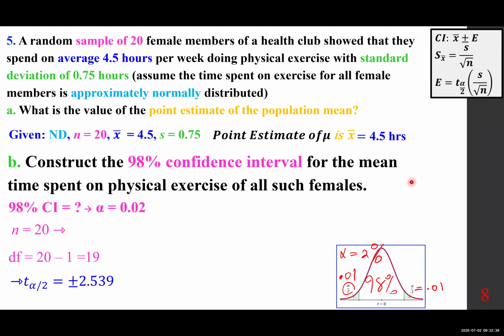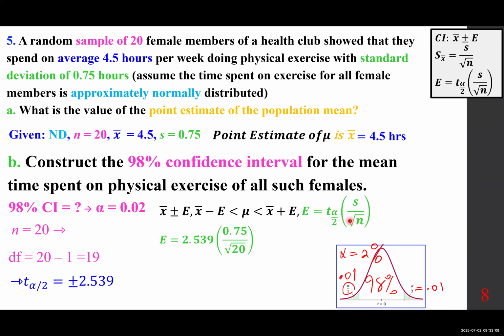Just like the normal distribution. So we have X bar minus E less than mu less than X bar plus E, and E has this formula. We are going to evaluate E. We have everything: t is 2.539, times parentheses S, 0.75, over square root of n, 20.